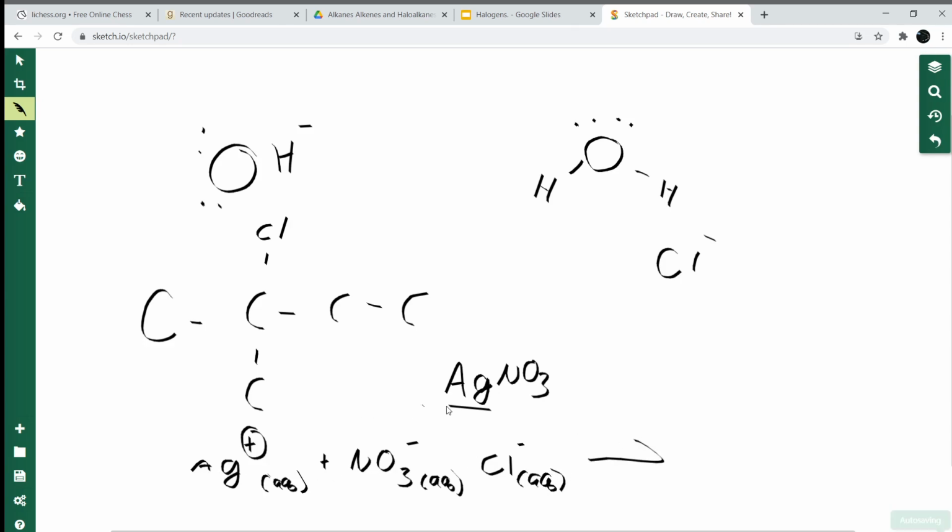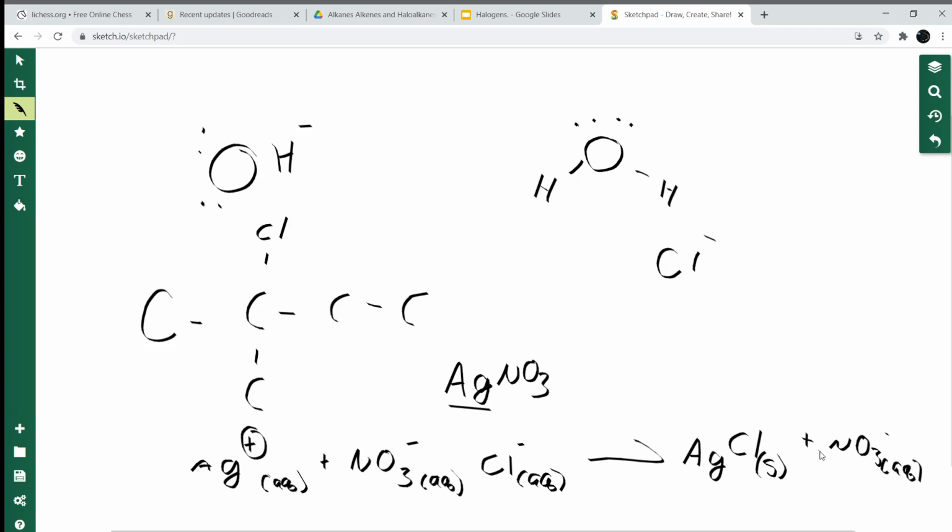So we have all three of these ions. When the silver ion and the chlorine come together, though, they're going to make silver chloride. And silver chloride is not aqueous, and it makes a solid. And then we'll have our nitrates, and all nitrates are soluble. And that one's going to be just hanging around there.